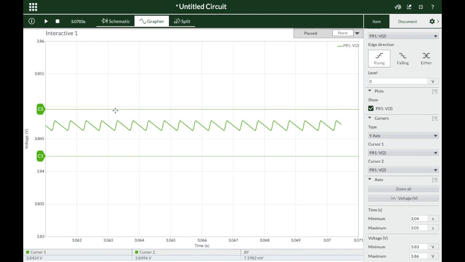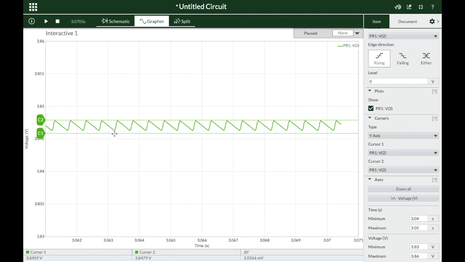Let's bring C2 touching the upper peaks and C1 touching the lower peaks. So we can see that the lower peaks are going up, being raised.